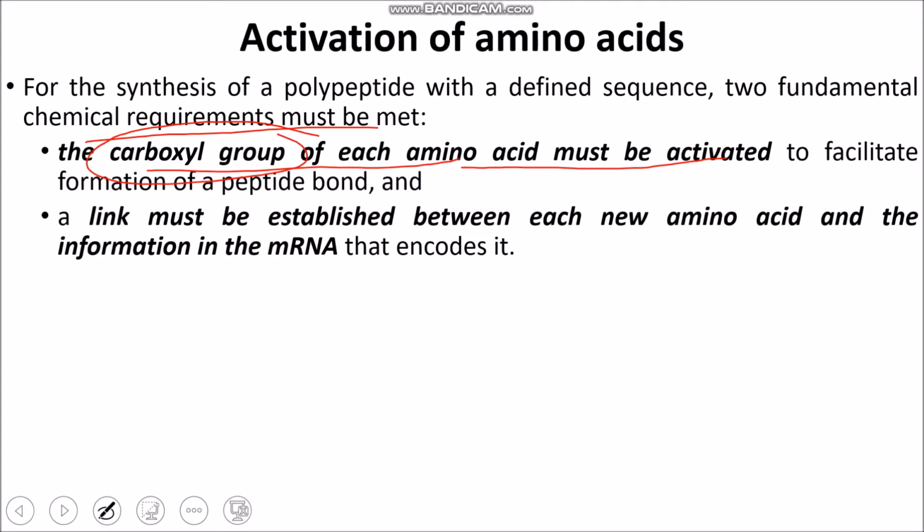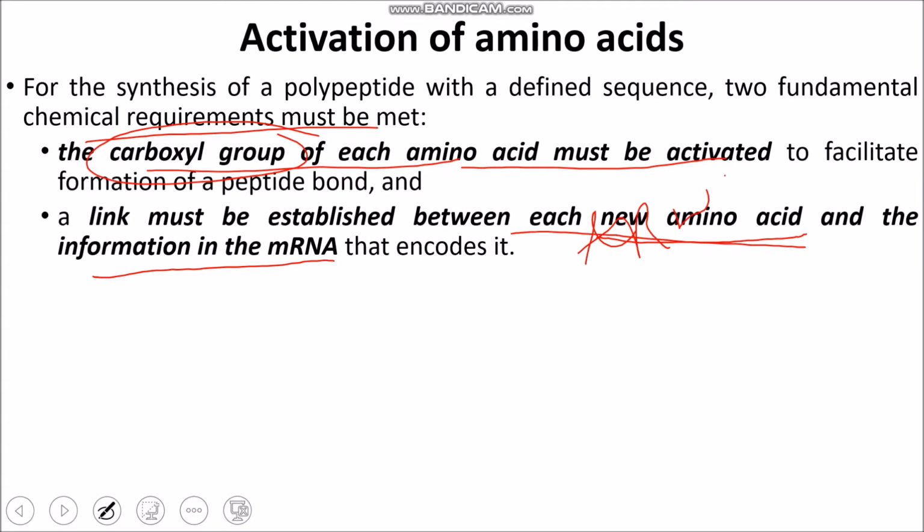And the second thing is that a link has to be established between each new amino acid coming for protein synthesis and the information on the messenger RNA. According to the messenger RNA, a new amino acid has to come, and this will be done by a specific tRNA.